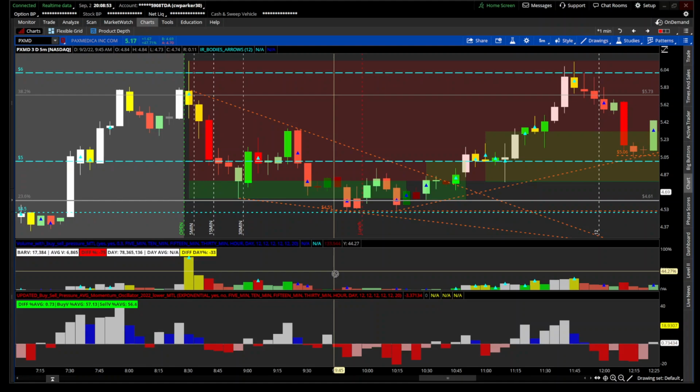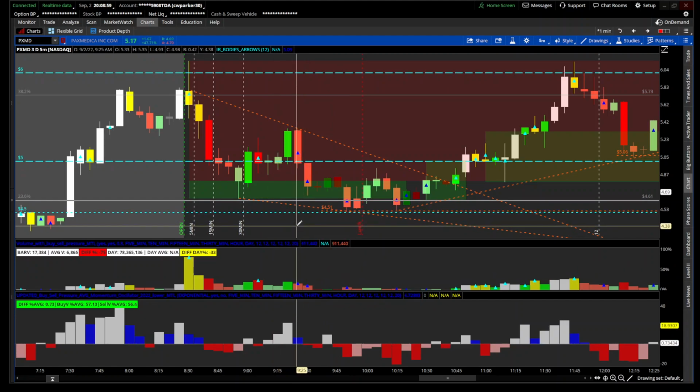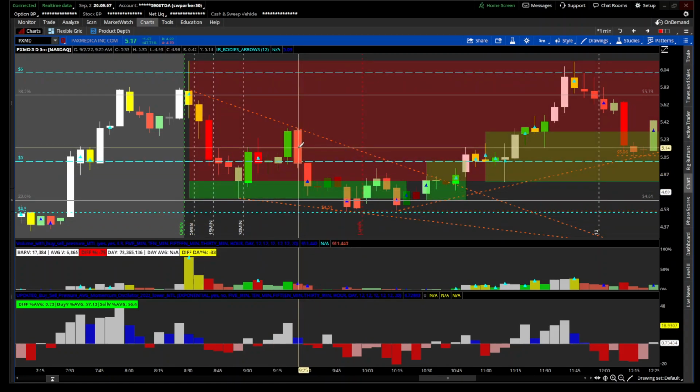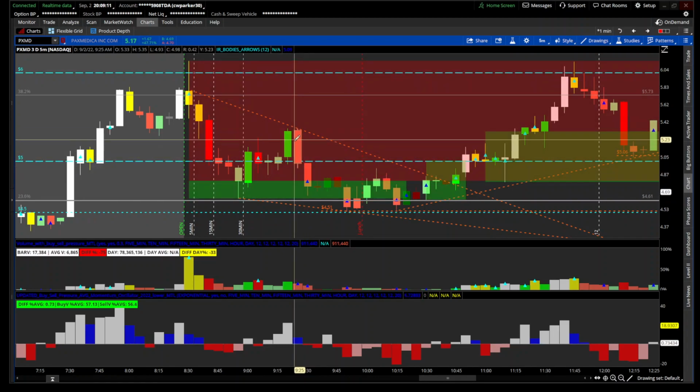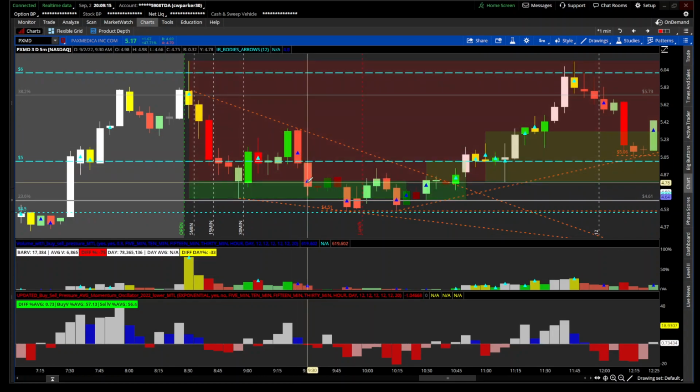So it's actually the energy equation. Like I said before, the volume is the energy and the output, or the work that's been done, is the movement in price. So this is not substantiated by volume. These big candles are not substantiated by volume, which makes them anomalies.